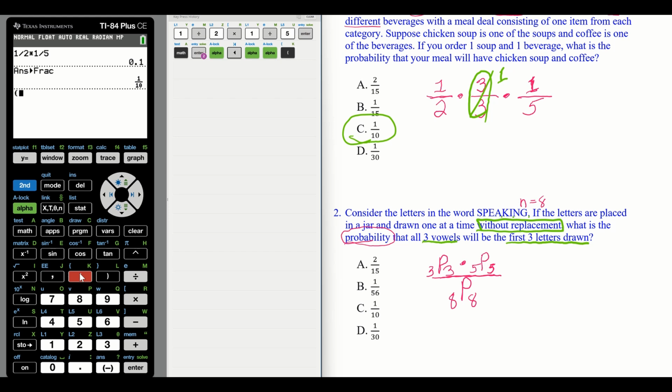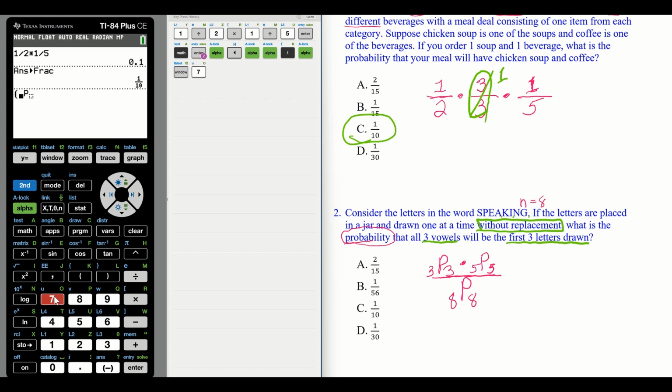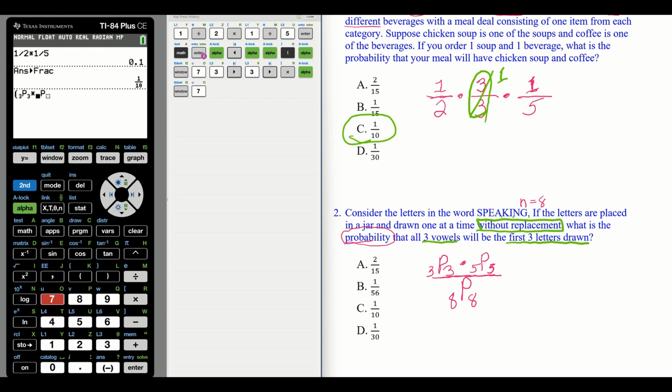Our numerator needs parentheses. So parentheses, alpha, window, 7, and we have 3, arrow over, out of 3. Now we need to arrow over, multiply, alpha window, 7, and that'll be 5 out of 5. Remember to close your parentheses, and we are going to divide.